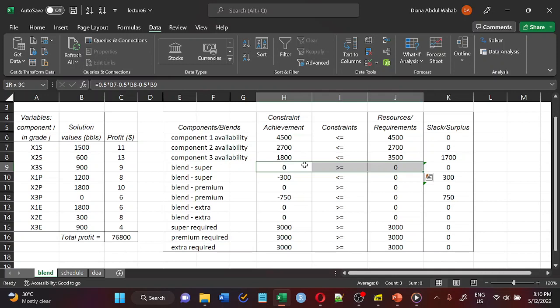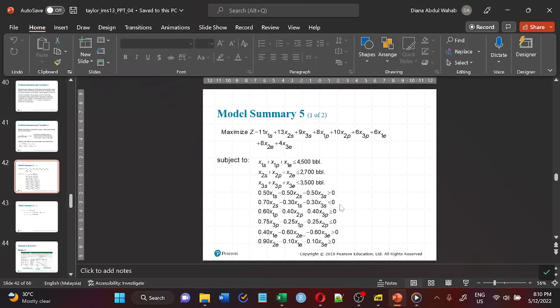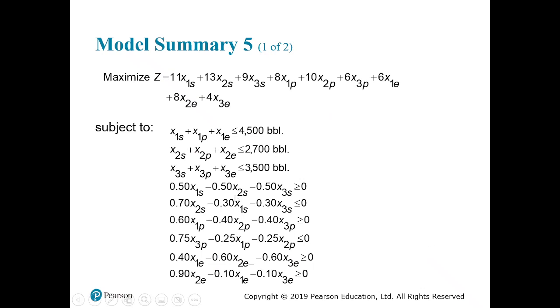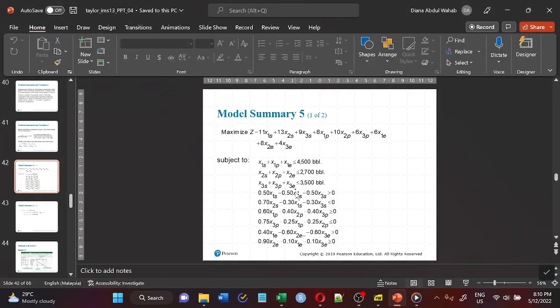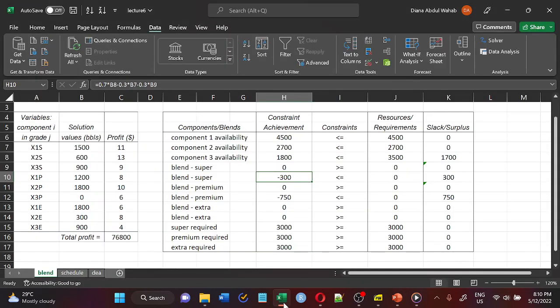It says there that this is equal to this one, where it's 0.5 x1s minus 0.5 x2s minus 0.5 x3s. The sign we have is actually larger than, but the sign being used in the textbook is actually equal to.